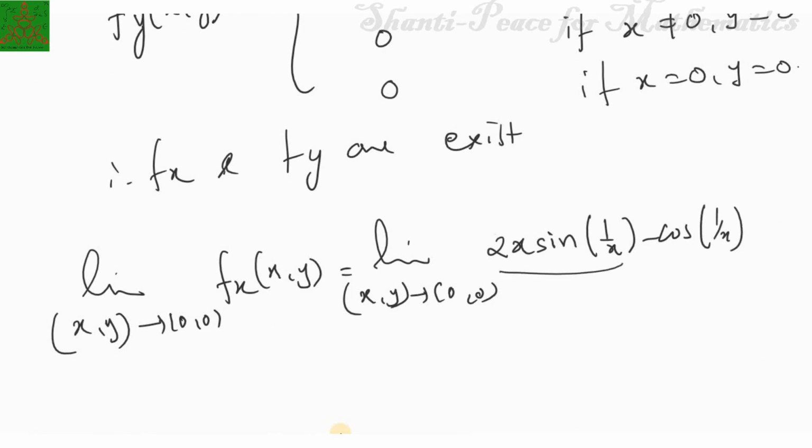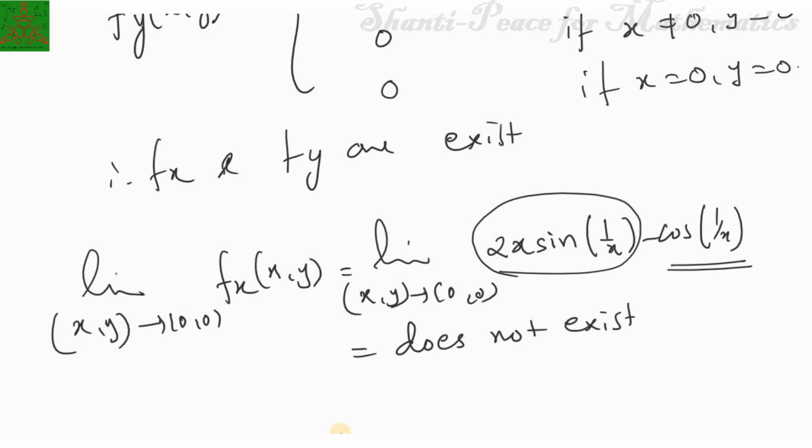Now the first part will be 0, because we have already discussed that x into sine 1 upon x, as x tends to 0, will be 0. But what about cos 1 upon x? It oscillates, because 1 upon x tends to infinity and cos of infinity does not exist. So the limit does not exist.